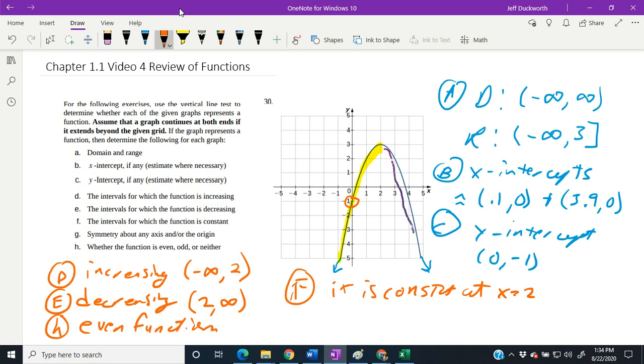And again, for an even function, basically you have to have f of negative x equal f of x. All right. And I think we're good.